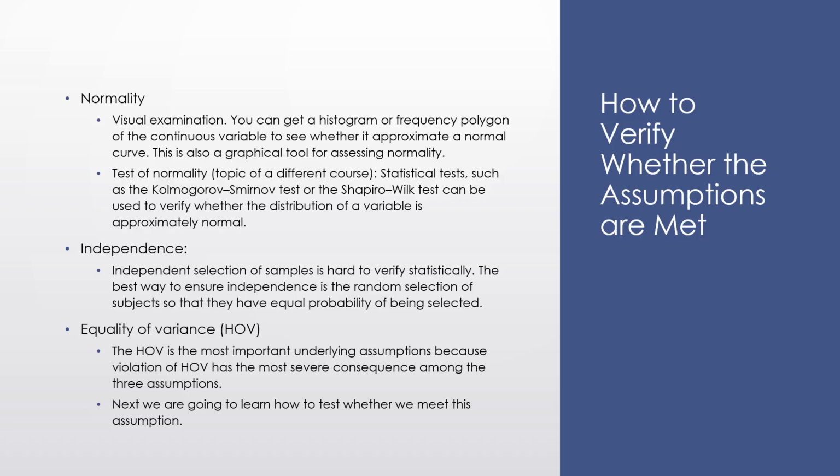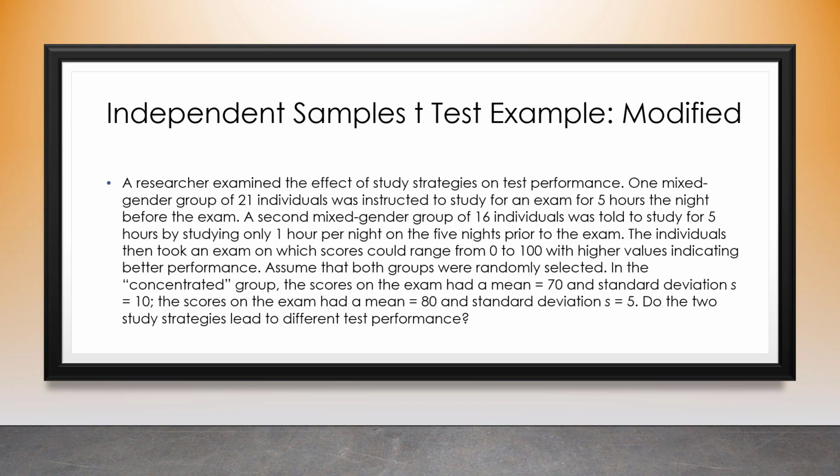Therefore, in the second part of this video, I'm going to demonstrate how to test for HOV. Here is an example. A researcher examined the effect of study strategies on test performance. One mixed gender group of 21 individuals was instructed to study for 5 hours the night before the exam.